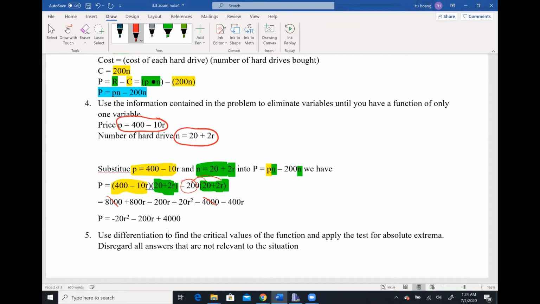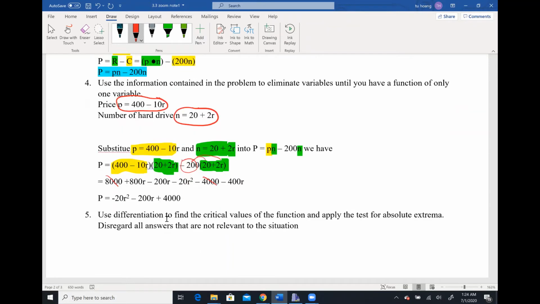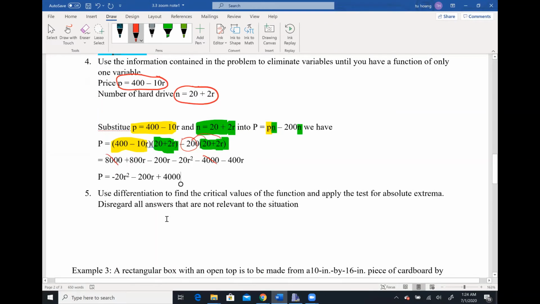Okay, so I have the function of profit with respect to R, with only one variable, R, in here, right? Now, because we are trying to have optimized or maximum profit, we need to take the derivative of P with respect to R, right?